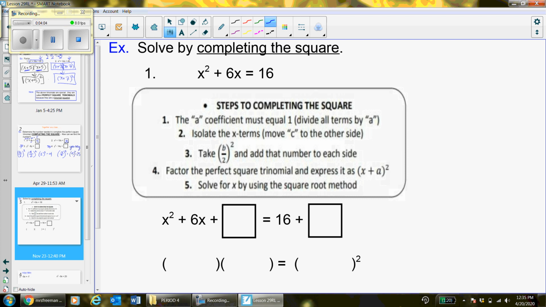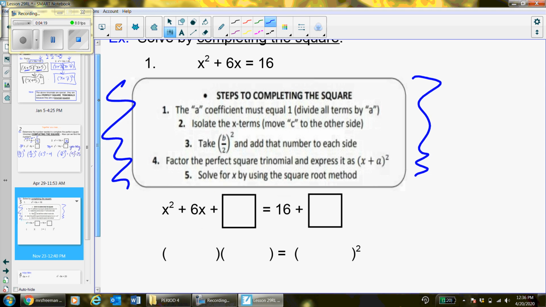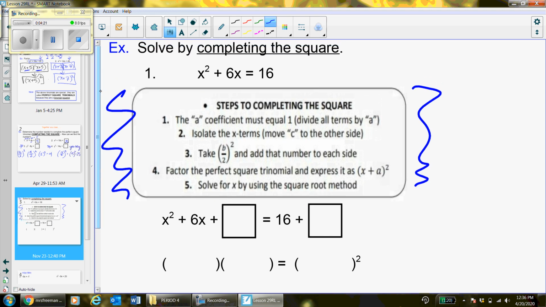So I have a step-by-step list here in order to guide us through. So solve by completing the square. We have x squared plus 6x equals 16. Normally the quadratic equations that you get, the c term will be on the right side of the equal sign.